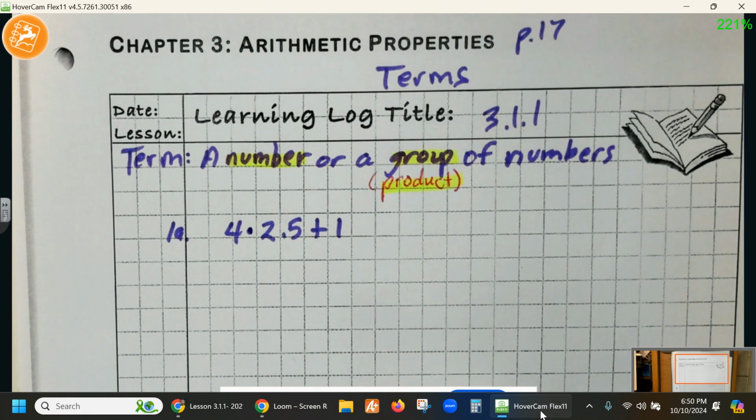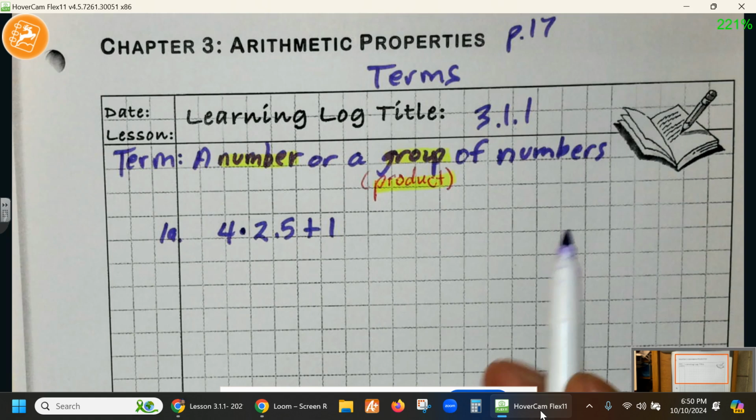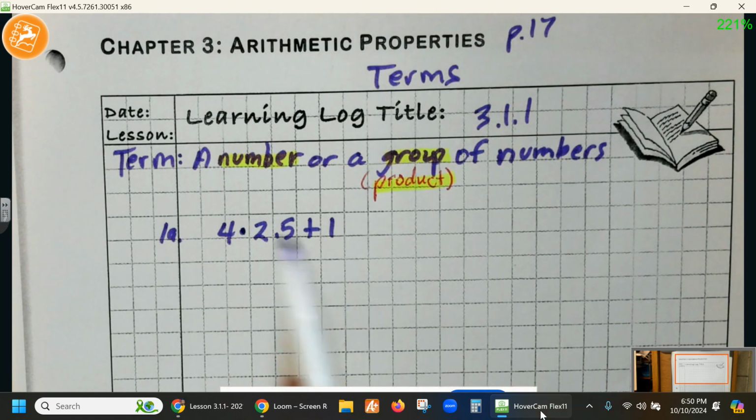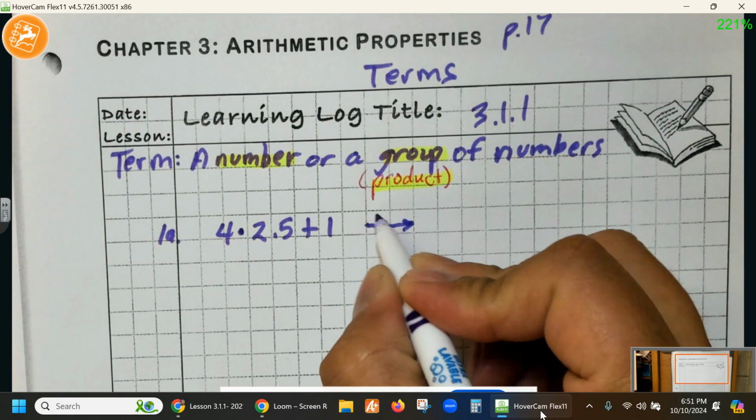Now if we were to show this using the arrows, in other words, Cecil was going to do this routine on his tightrope, what would be his first step or his first group of steps? The answer should be, well, this means 4 times 2.5. That means 4 groups of 2.5. So that means his first step is going to be 2.5.